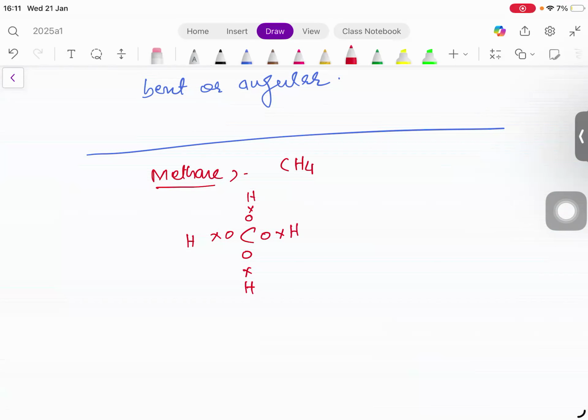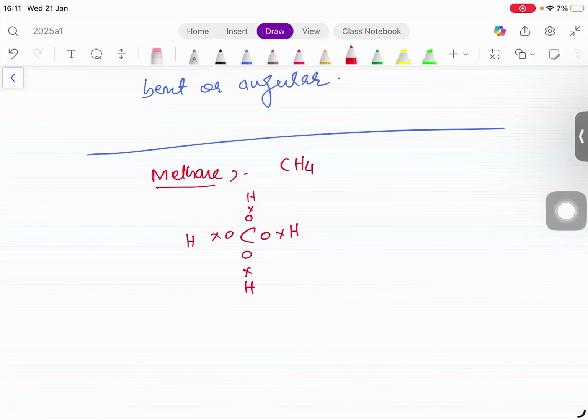Now, how are they going to arrange themselves with the 4 bond pairs? Now look at this, everyone. If we look at the 4 bond pairs, ideally what we were expecting, look at this, please pay attention, it should be like this.